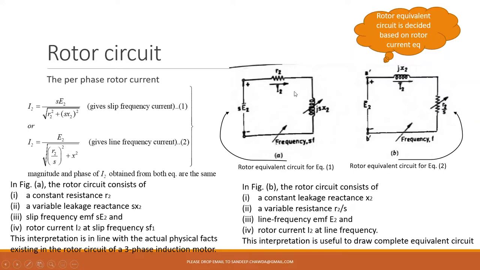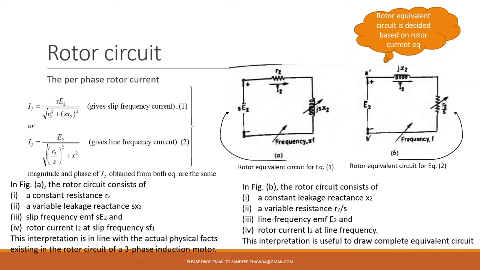Here the rotor resistance is not affected by slip, but the rotor leakage reactance depends on the slip, so the slip is going to decide the value of the leakage reactance. In this case, the leakage reactance is constant. So if you are using this expression, the rotor equivalent circuit will be drawn at the rotor frequency, s times f, the supply frequency, and the other is drawn at the supply frequency only. So this is the major difference.